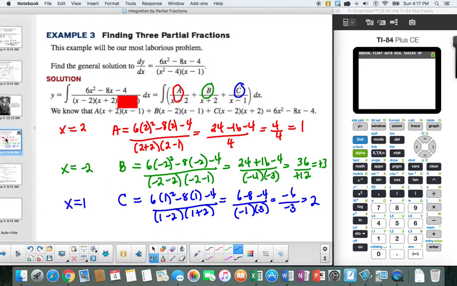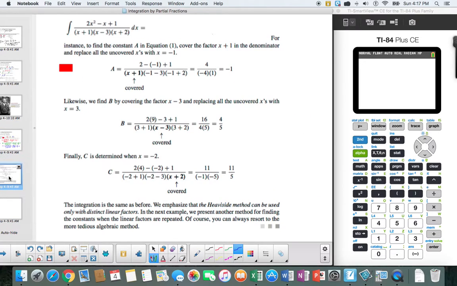All right, so we're using that algebra technique, but we're covering things up so that we don't have to show the division and the groupings that we were doing before. Okay, so again, here's another problem, and they show you the step-by-step going through the process.